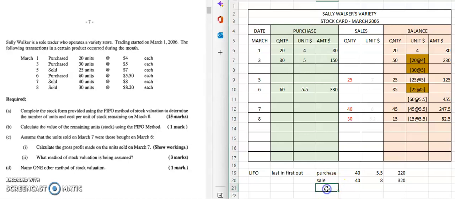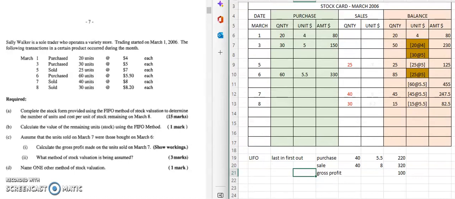And therefore, the gross profit is simply the sale minus the cost, which would be 100. So she would have made $100 profit. And I answered what method it was, so I gave you that answer first. She is assuming that whatever she bought last, she sold first. So last in, first out.